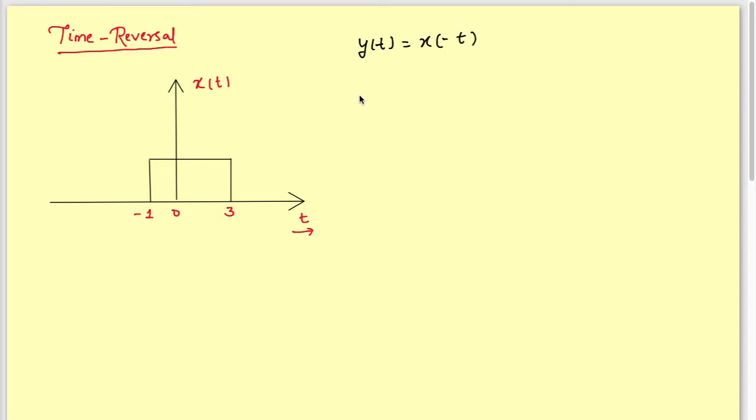So what I will do here is take the mirror image of this signal x of t. Likewise, if there is some mirror in front of this signal, let us consider this as a mirror. So I will take the mirror image of this signal. If I draw it here, it looks something like this.